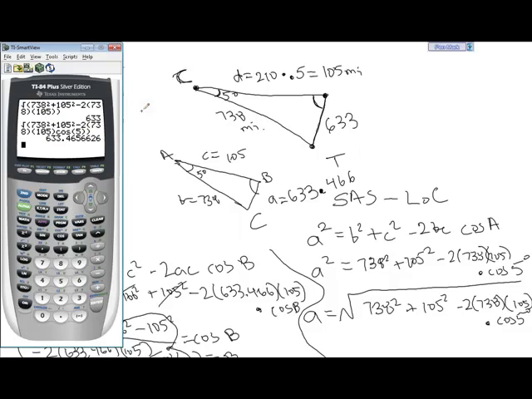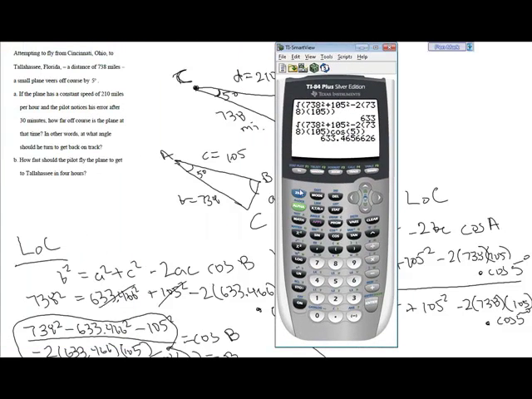Now I will find the inverse. So I'm going to come back to my calculator and I need to know the inverse cosine of, well, the numerator I'm going to put in parentheses, 738 squared minus 633.466 squared minus 105 squared.